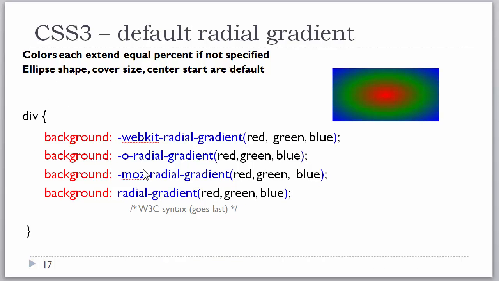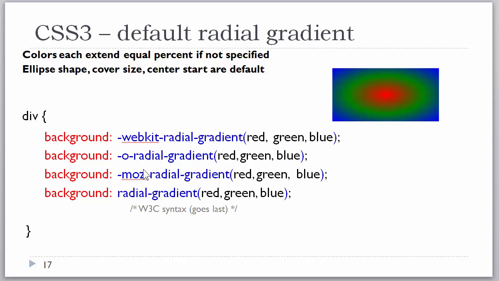Alright, so let's take a look on the right in our diagram. There is our radial gradient. And in our syntax here, you see we have the vendor prefixes. And at the bottom we have the W3 syntax, radial-gradient. And it takes 3 parameters, red, comma, green, comma, blue. Here again, there are 3 colors and they will be equally proportioned if no starting values are specified.